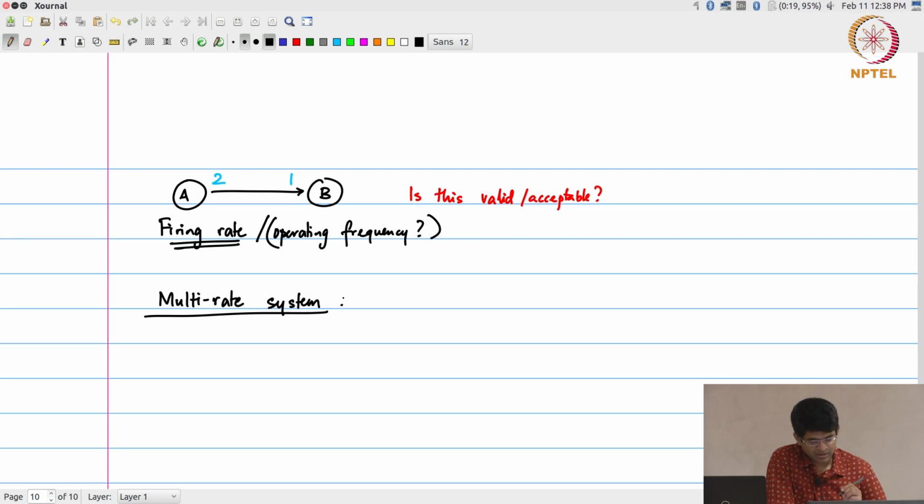Okay, now let us draw another variant of this graph, but now with feedback.